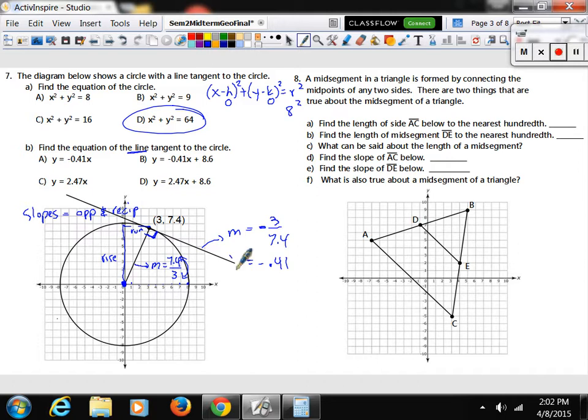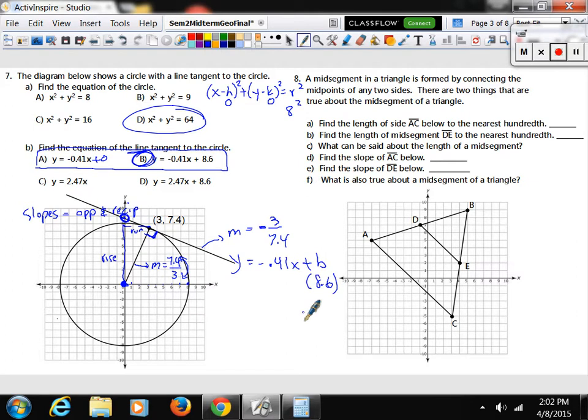That's going to be my m, and it's going to be y equals negative 0.41x plus b. I need to know where it touches the y-axis. Now, if I look at all these choices, there's only 2 that have negative 0.41. And then one of them is saying it touches at 0. Does this line touch at 0? No, it touches at 8.6. So it's going to have to be letter B right there.